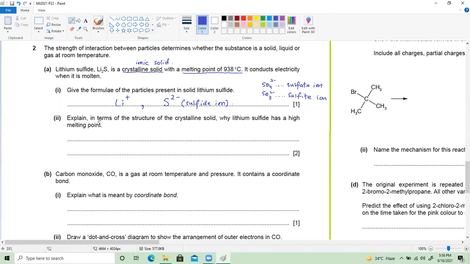Explain in terms of the structure of the crystalline solid why lithium sulfide has a high melting point. So we actually need to talk about the structure first of all, and then we are going to explain why the melting point is so high for lithium sulfide.